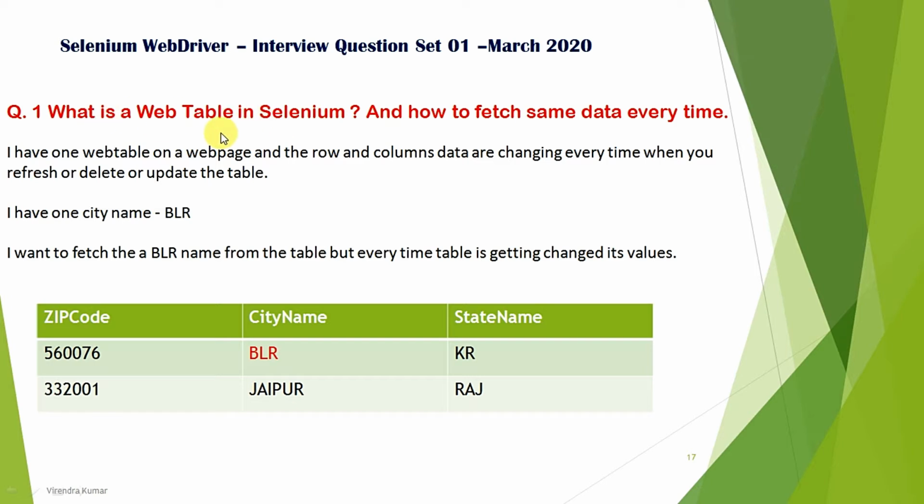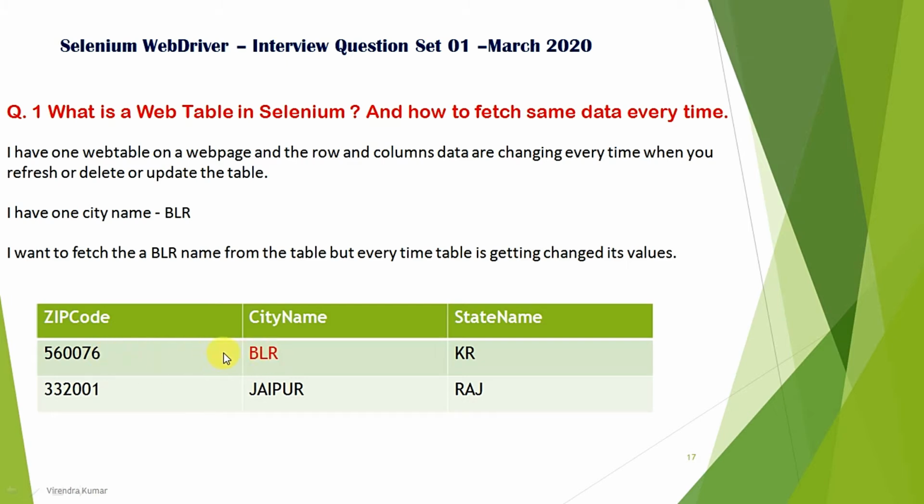If you know the web table in Selenium, then you can easily give the answer to these questions: what is a web table in Selenium, and how to fetch the same data every time. In our project we have so many web tables that are very dynamic, and here I have given one example of this type of web table, with a first column, second column, and third column, and you will have entries according to your project.